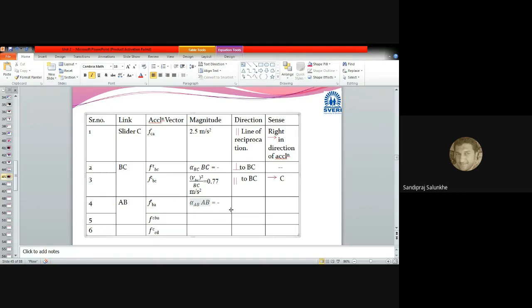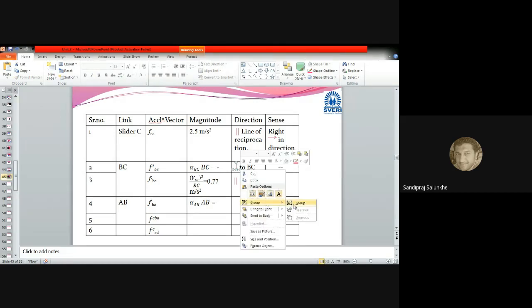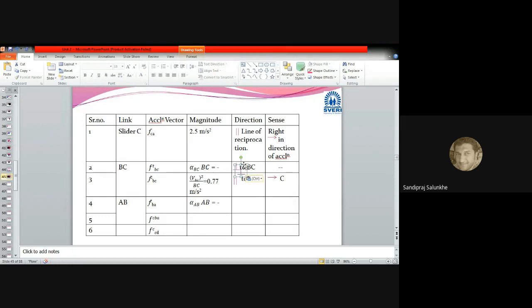We don't know the angular acceleration of AB yet, that's why we draw a dash here. It will be perpendicular to AB. We don't know the acceleration direction, that's why dash.